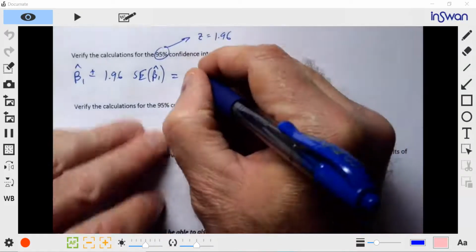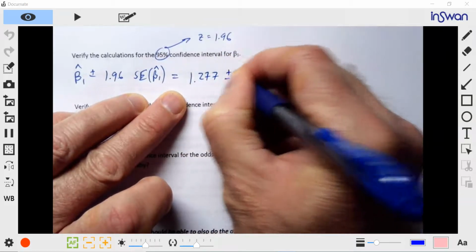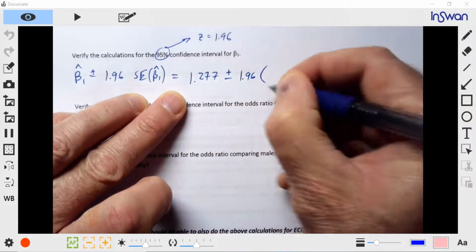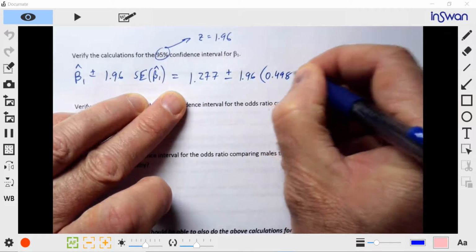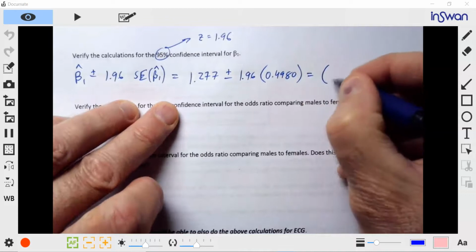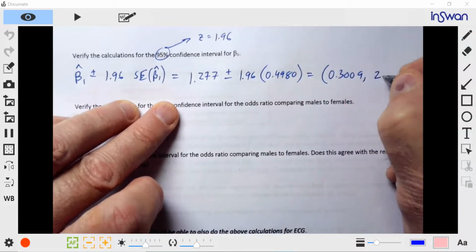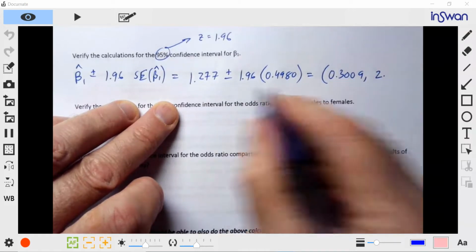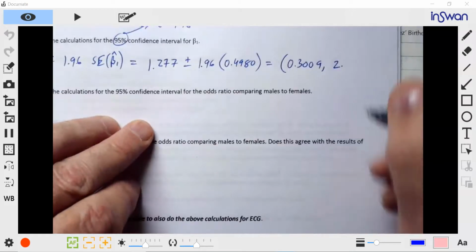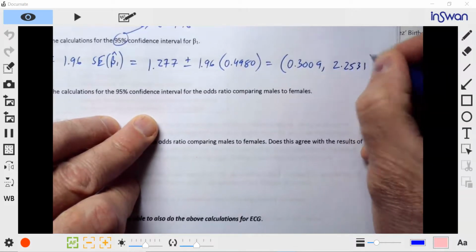So that'd be 1.277 plus or minus 1.96 times 0.4980, the standard error. And if you calculate that out, if we do the minus, it's 0.3009. If we do the plus, it's 2.2531.